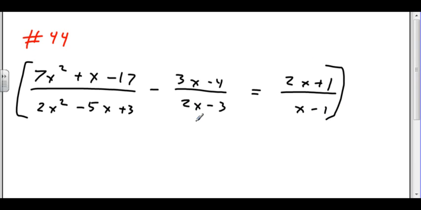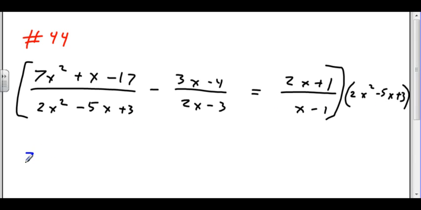I recognize that 2x minus 3 times 2x minus 1 is 2x squared minus 5x plus 3, right? So this is minus 2x minus 3x giving me 5. Yeah, it is. So if I multiply the whole thing by 2x squared minus 5x plus 3, then I'm going to get rid of the denominator.